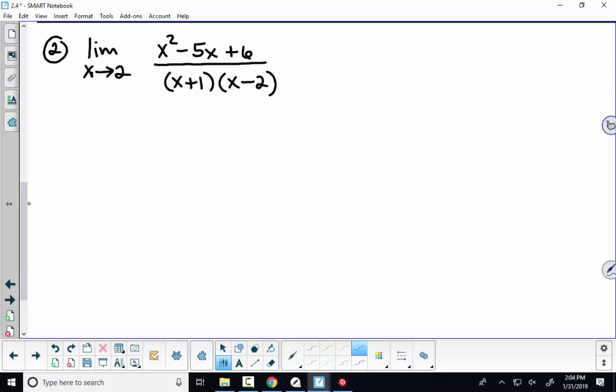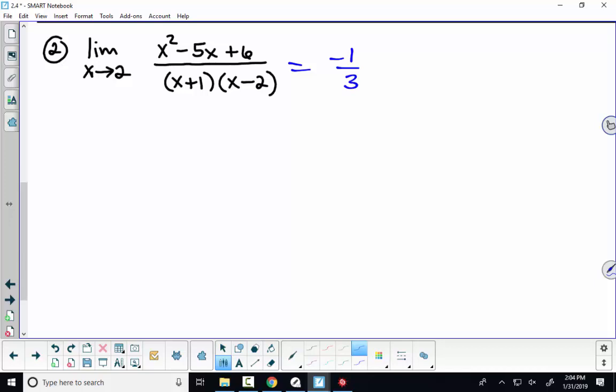So the limit as x approaches 2 on this function, anyone want to share with us what you have? Negative 1/3. Negative 1/3? Let's just write that out. Did anybody else get negative 1/3? Okay, good. So it is negative 1/3.